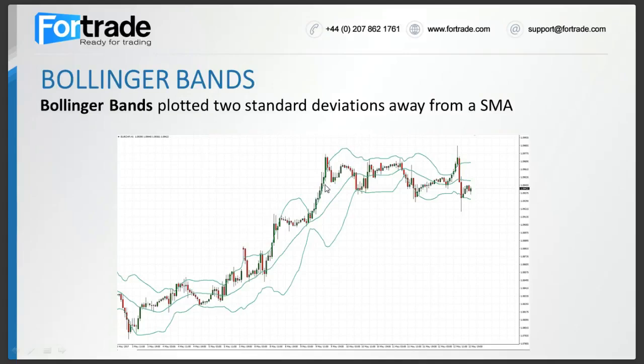During less volatile periods, the bands contract, moving closer to the average. It's like this. The tightening of the bands is often used by technical traders as an early indication that volatility is about to rapidly increase, as volatility often follows periods of lack of volatility.